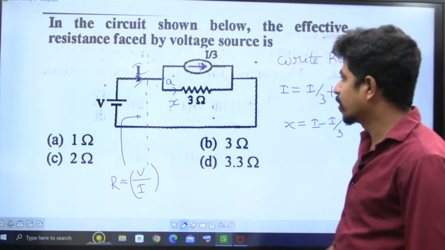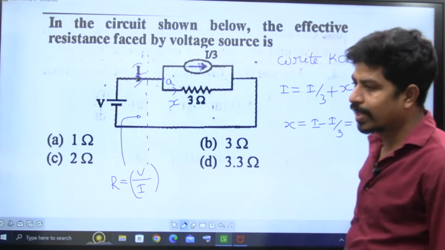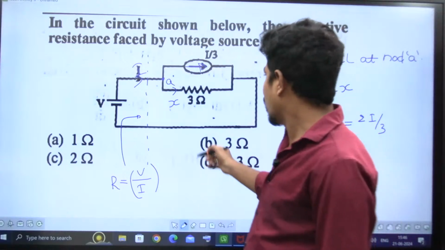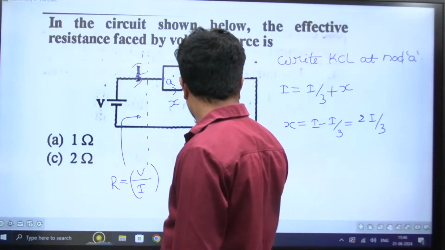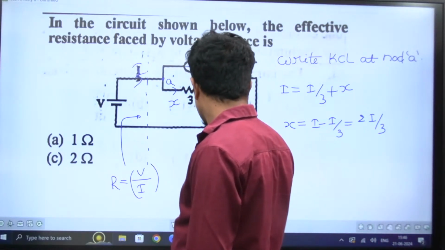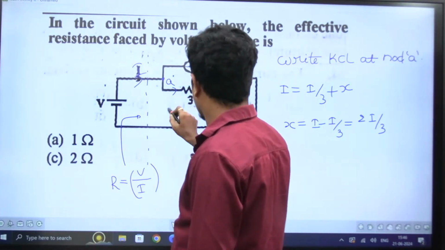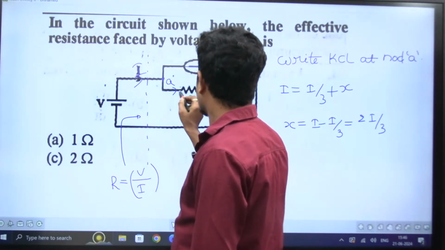So X is 2I by 3. I got its value, this is 2I by 3.